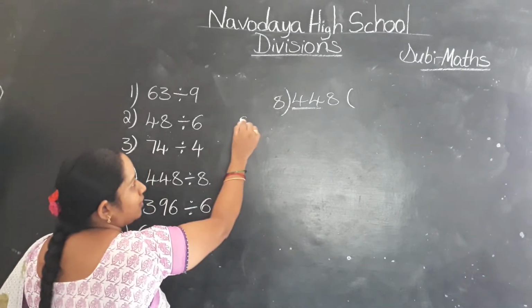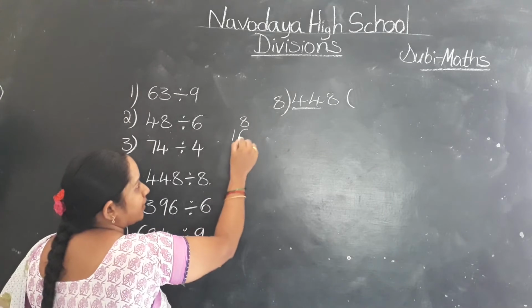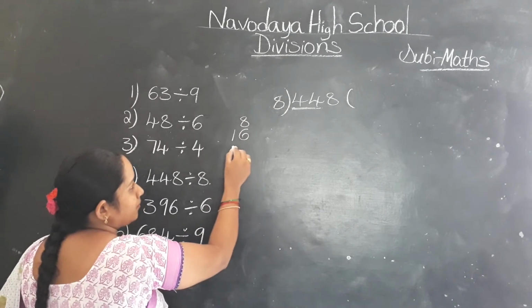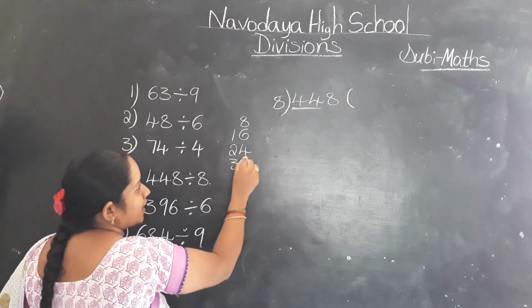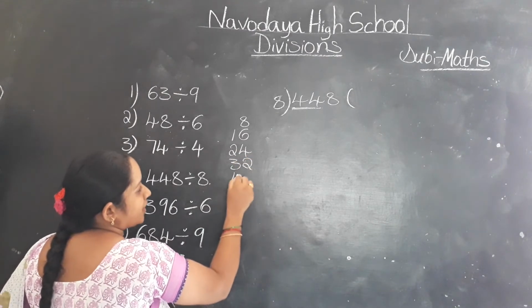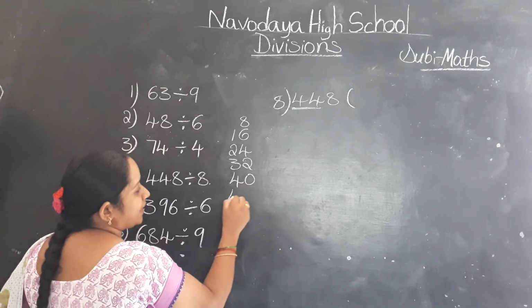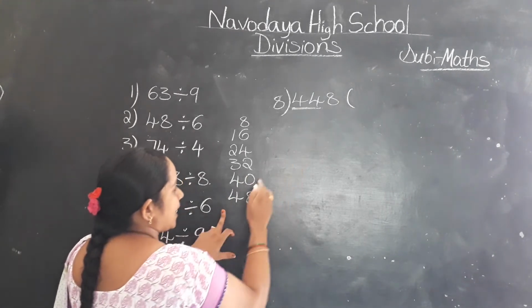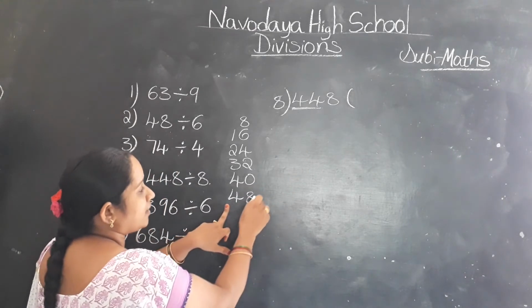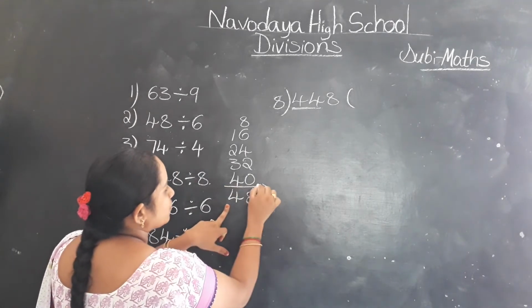Say 8 table. 8 ones are 8. 8 twos are 16. 8 threes are 24. 8 fours are 32. 8 fives are 40. 8 sixes are 48. So here 44 lies between 40 and 48. That's why we have to choose 40.